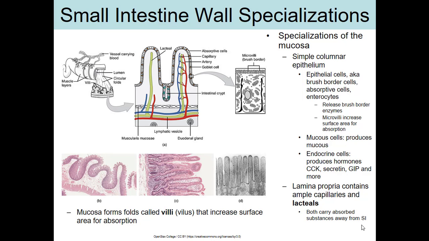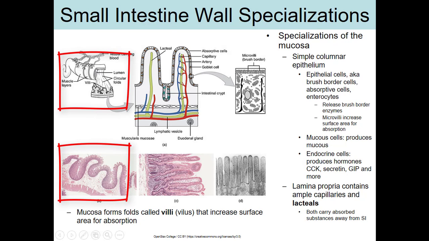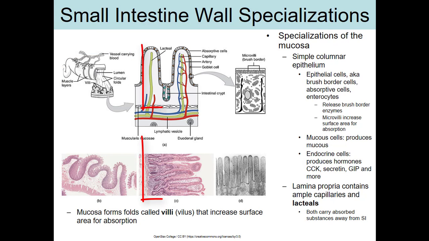Take a look at the images here. We can see how we have folds in the small intestine itself that we can actually see with our naked eye. So gross anatomical folds, and those are called circular folds or plicae. So that's one way to increase the surface area. But when we look at these circular folds or plicae, we see that they also have folds within them called villi.